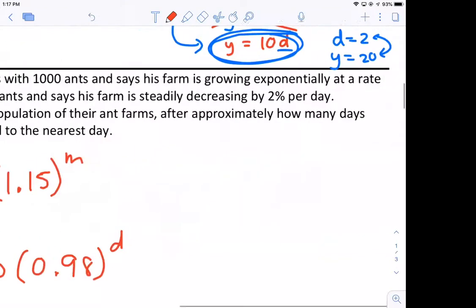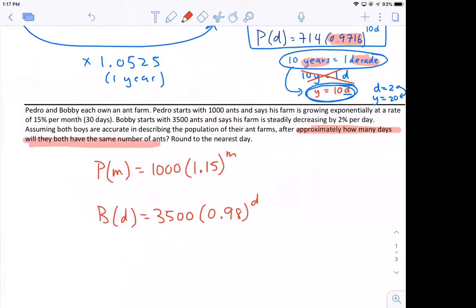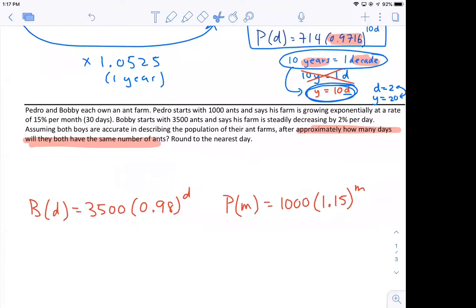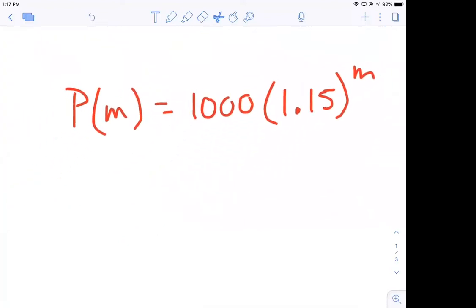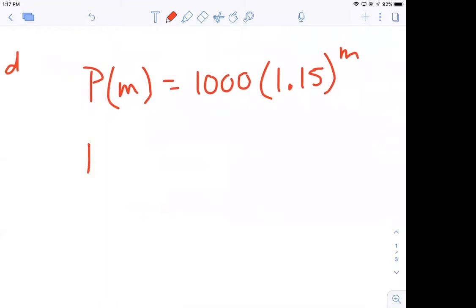And the question is asking, after how many days will they have the same number of ants? So again, I have to do a unit conversion here. If I want the answer in days, I'm going to change Pedro's equation into in terms of days. We know his monthly increase is 15%. Let's try to write it in terms of a daily increase.